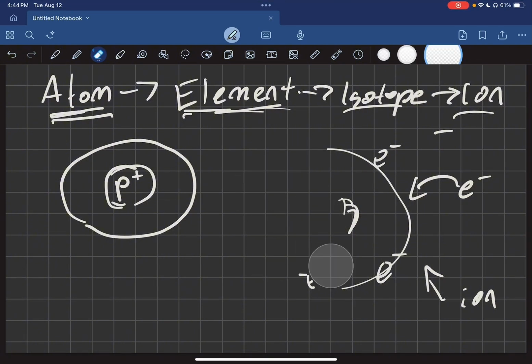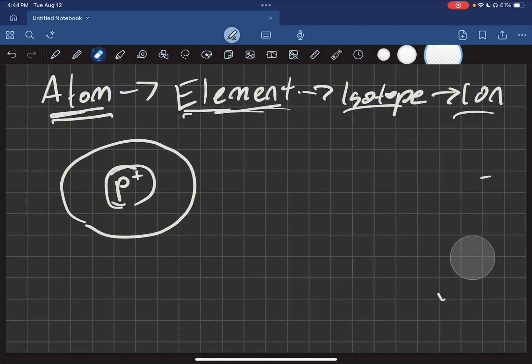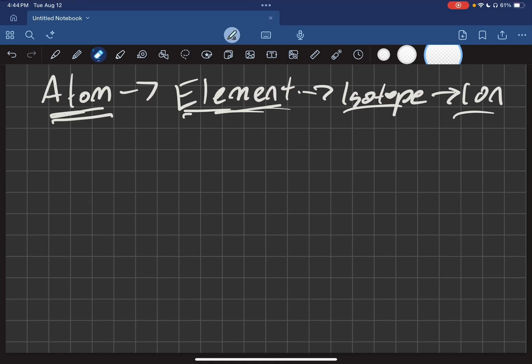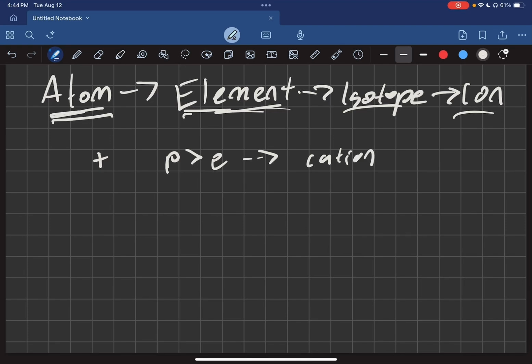So if you have an element that gains or loses electrons, that element is now an ion. If it lost electrons, it will be positive because now it has more protons than electrons. And that is called a cation. And then if it is negative, that means there are fewer protons than electrons. And that means it is an anion. The only way to become an anion, importantly, is to gain electrons.